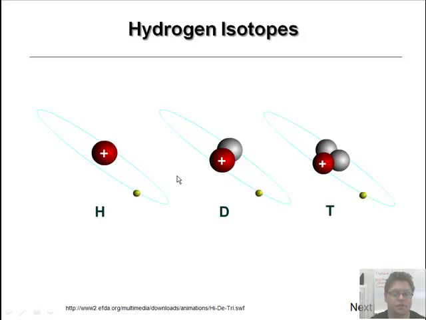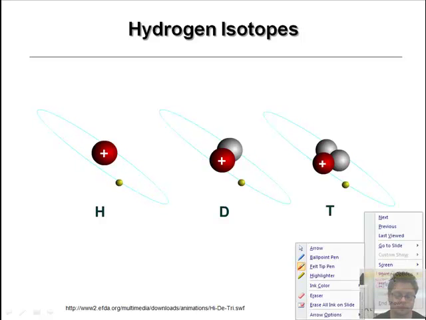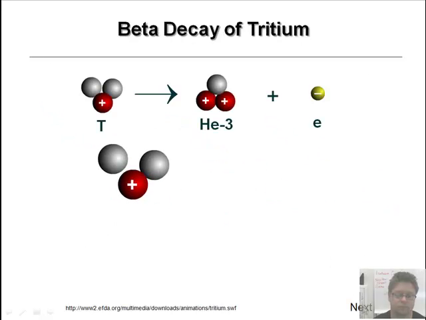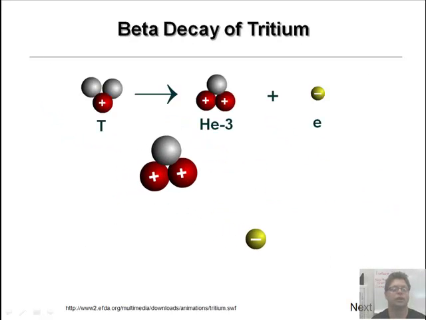Here are 3 isotopes of hydrogen. You'll notice the big difference here is the number of neutrons. And this is what happens with tritium.